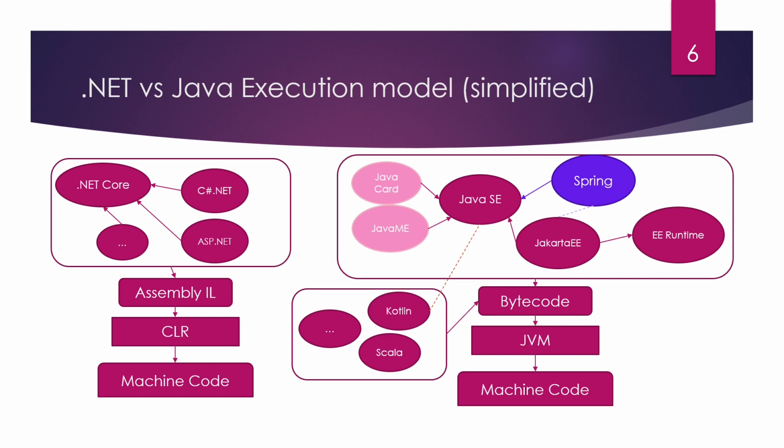Then when the application is deployed on the client side, JVM, which is Java Virtual Machine, translates the bytecode to the machine code. Now we have a set of languages that are called JVM-based languages. They also generate bytecode, and JVM doesn't care how the bytecode is generated. As long as there is a bytecode, it will translate it to the machine code.